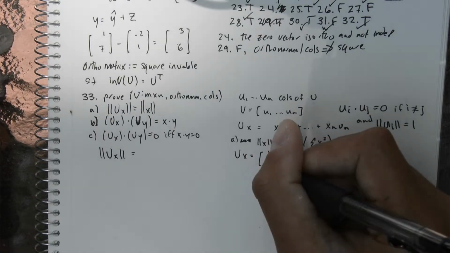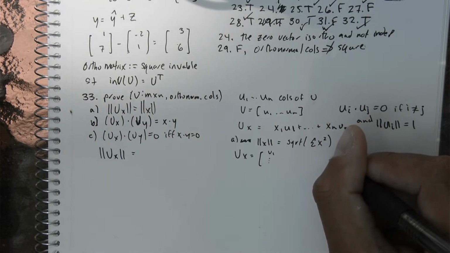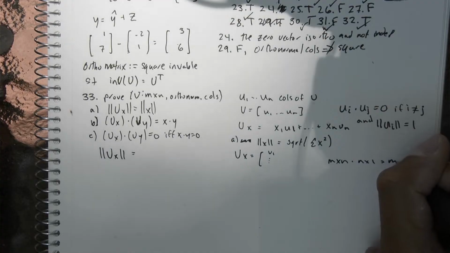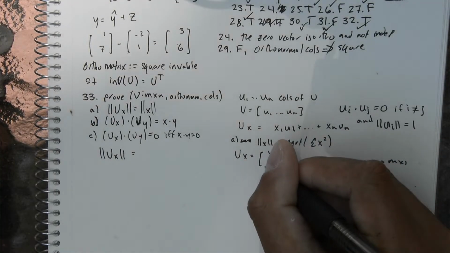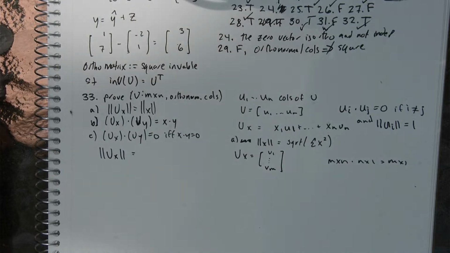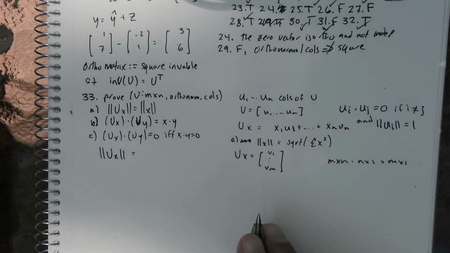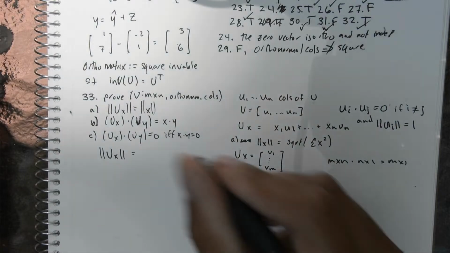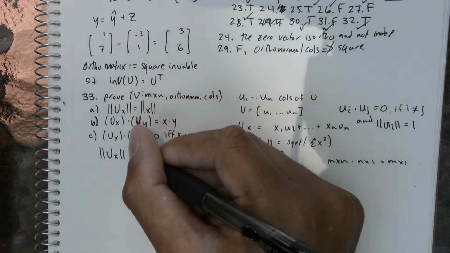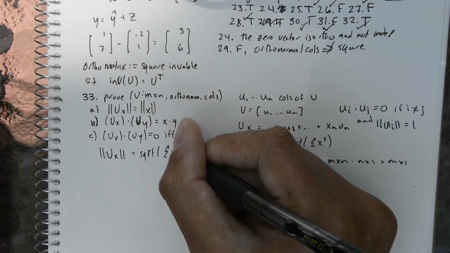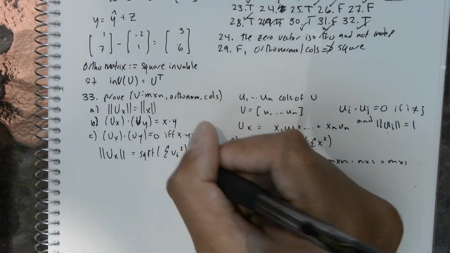It's an m by n times an n by 1, which is equal to m by 1. That's what I thought. So then the norm of Ux is going to be equal to the square root of the sum of vi squared.